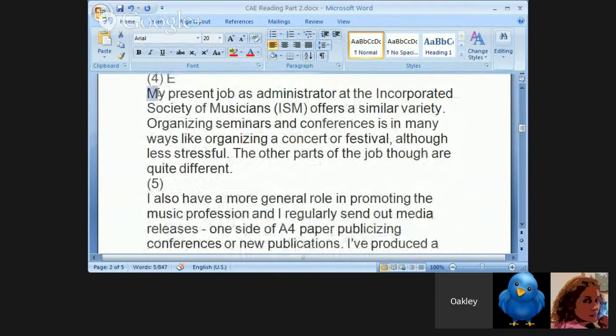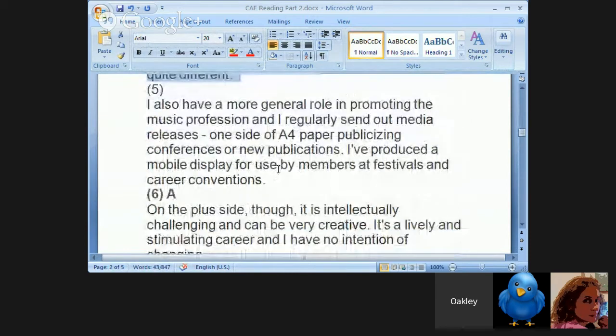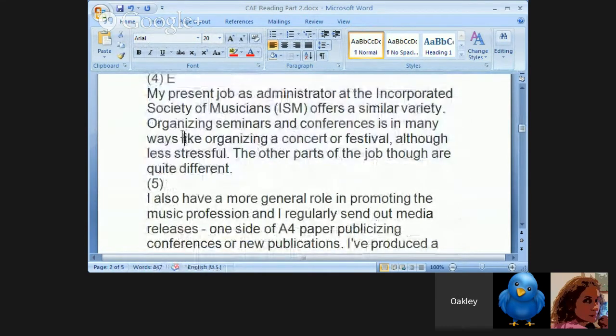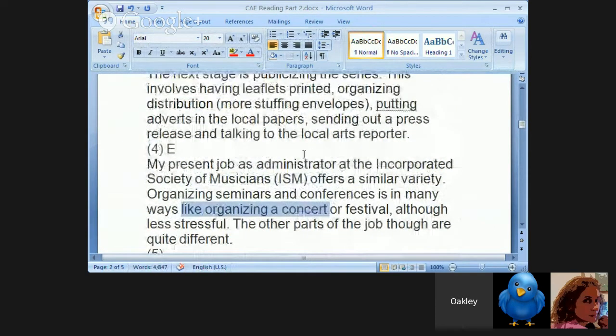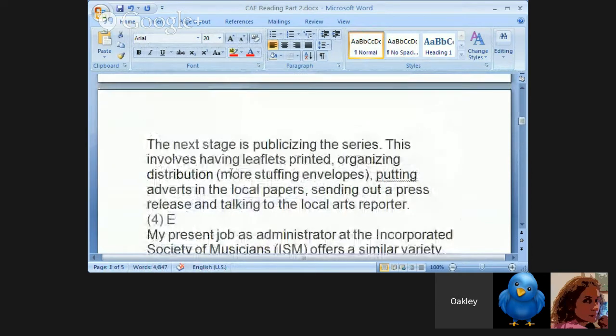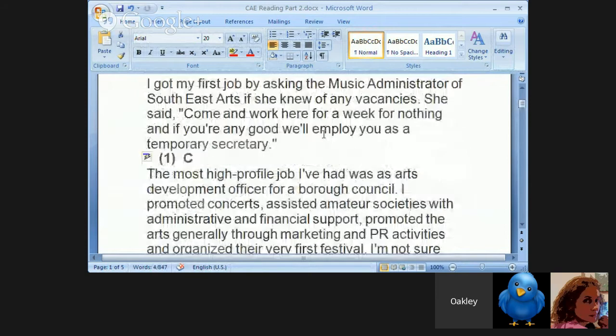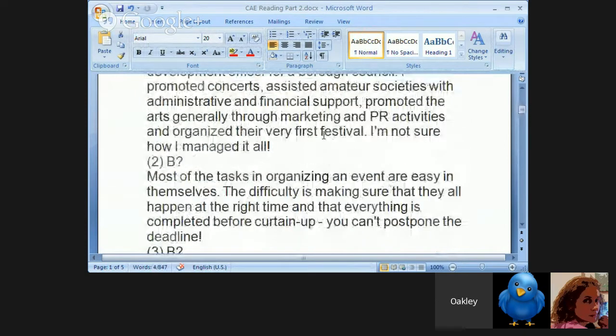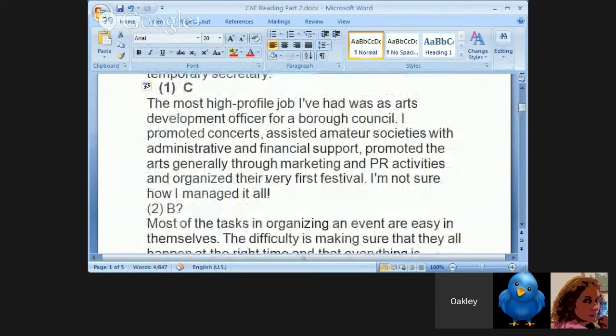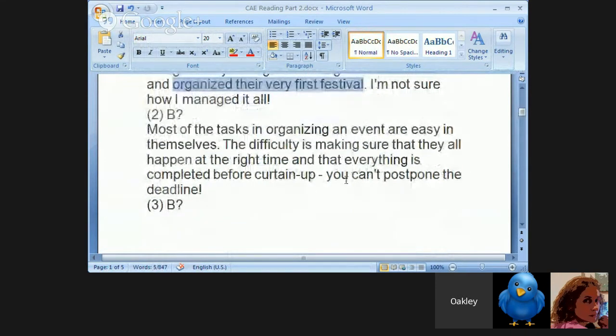Oh, his present job is like a concert, so it can't be after this. It can't be 5. It's like organizing a concert. It isn't organizing a concert. Okay, this whole part here in the middle, organize the first festival, this whole 2, 3, and 4 is about organizing a concert.